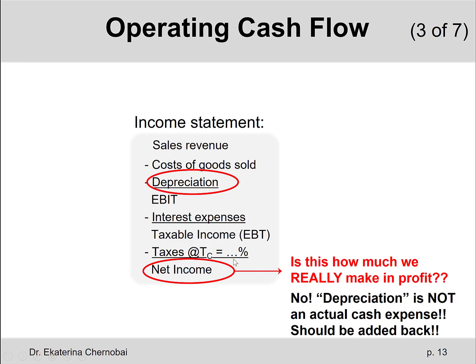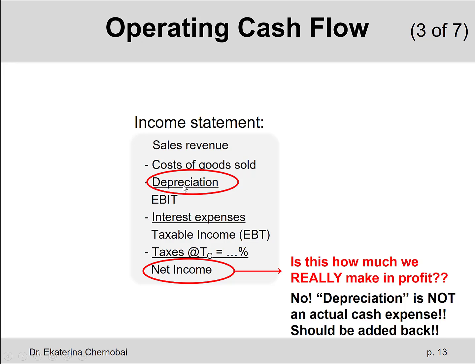There is one item in this list of expenses that is not a true expense. It's a so-called non-cash item, and that's depreciation. Depreciation is not an actual cash expense. It's only there because of how we need to be calculating taxes correctly.